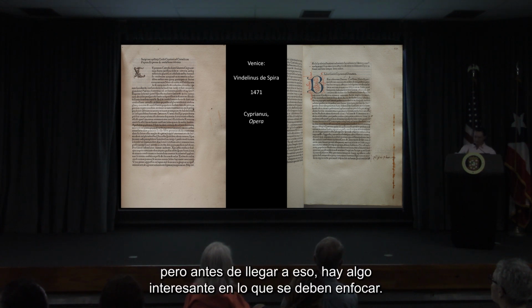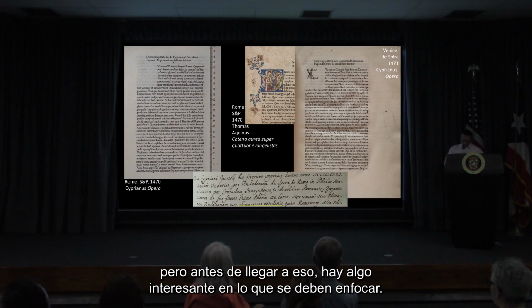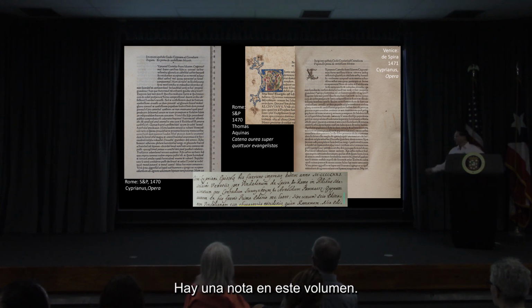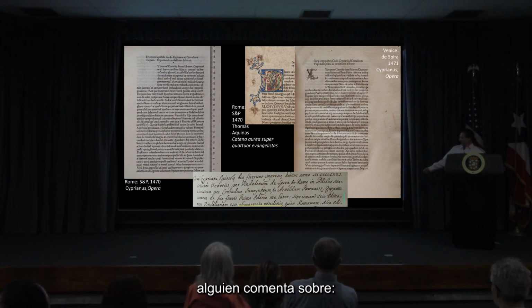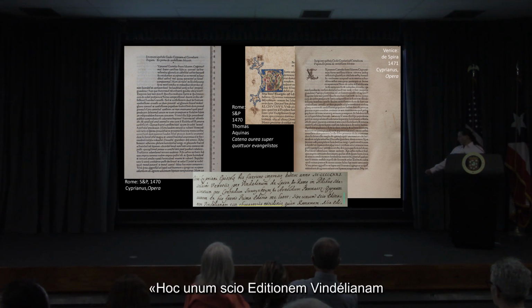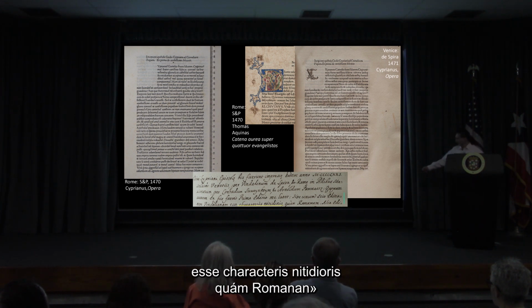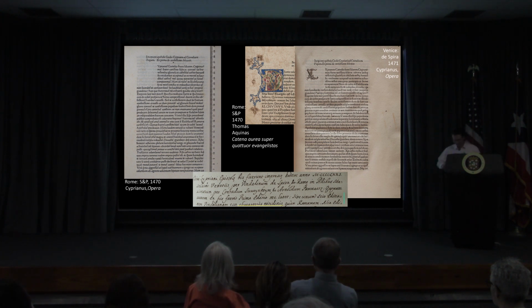But before we get to it, what is interesting, and you should train your eyes, there is a note in this volume, somebody probably late 17th, early 18th century, remarking: hoc unum scio editionem Vindelianam esse characteris nitidioris quam Romanam.